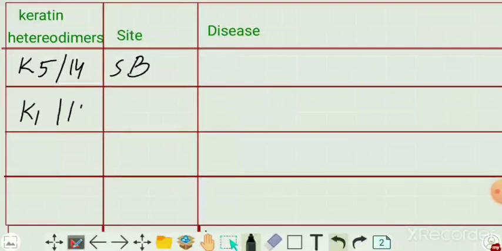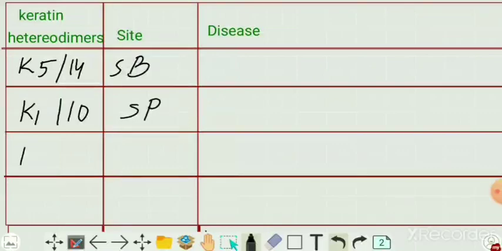The first keratin heterodimer I will mention here, K5 by 14, which is made up of keratin filament 5 and keratin filament 14, and it is present in stratum basale. And the second one is K1 by 10, which is present in stratum spinosum.